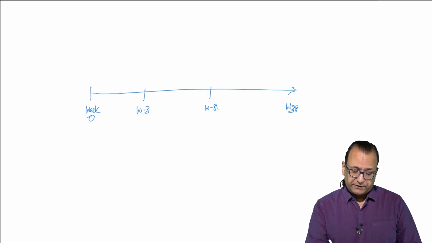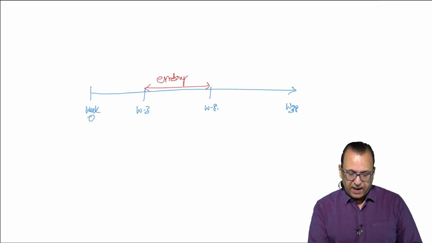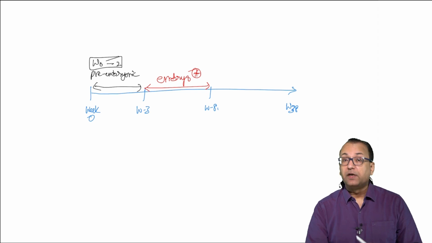So week number 3 to 8 is the point where we call it the embryo. Embryo is week number 3 to 8. Then what is before that? You call it the pre-embryonic stage. So the pre-embryonic stage will be week number 0 to week number 2.